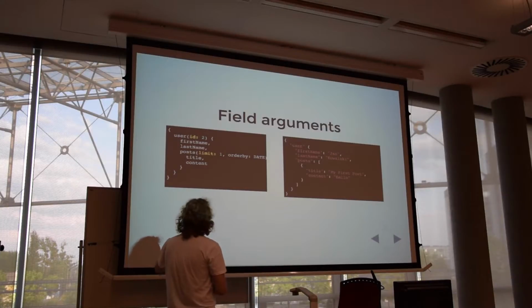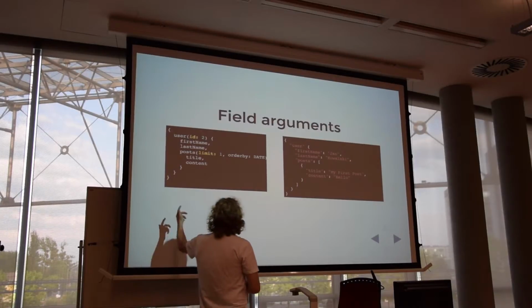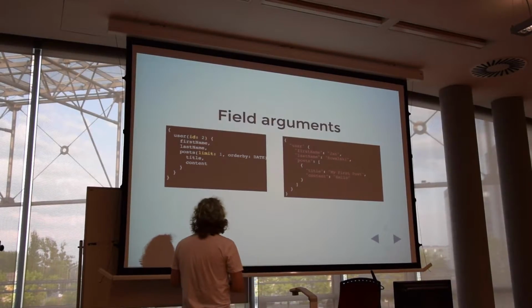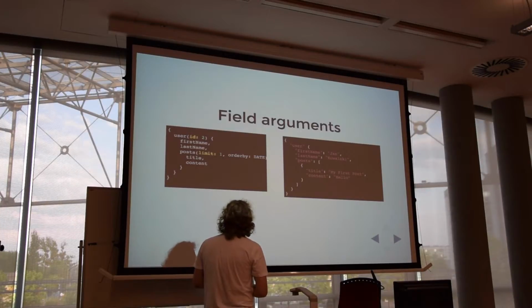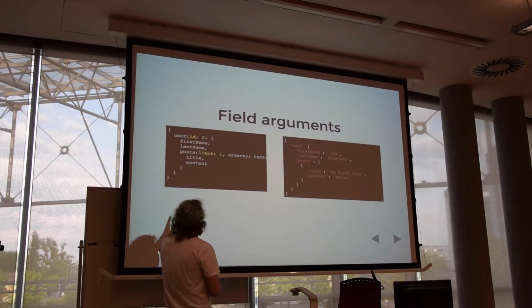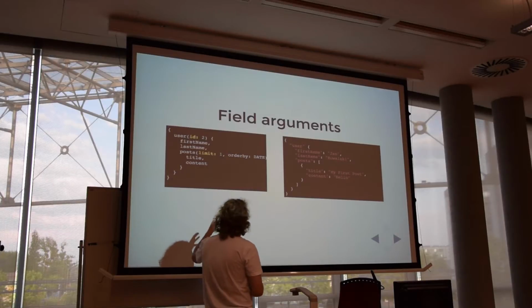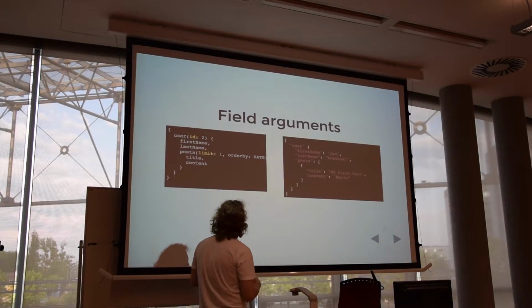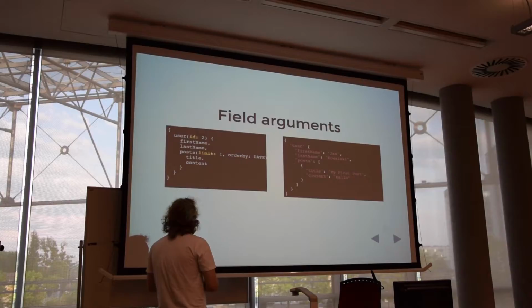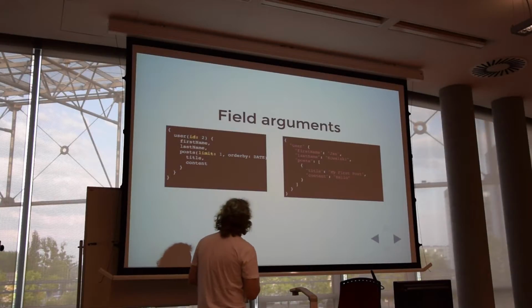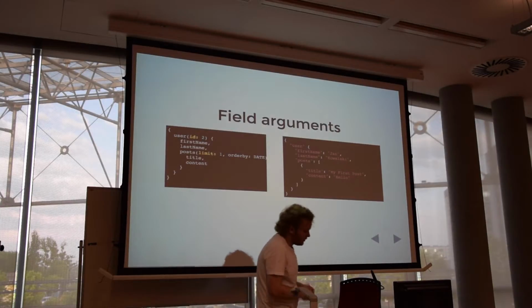So in this case, we declare that we want to fetch a user which has an ID of 2, so we pass an argument of ID, and then inside the posts, we also pass arguments. First of all, we want just one post, and then we want to order the posts we get by date. And this is how we can customize the queries in other ways.